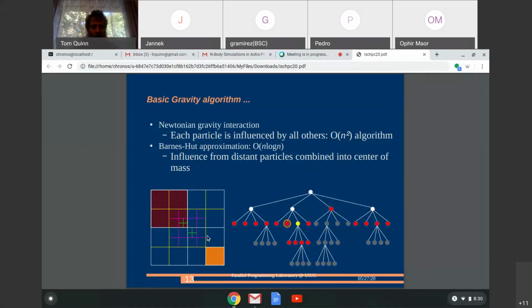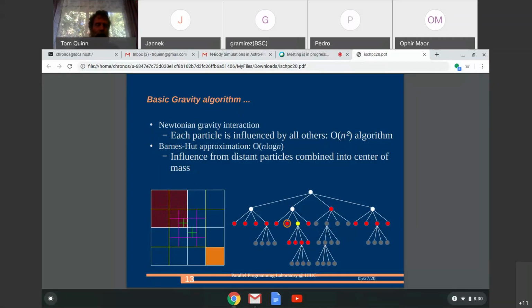Well, we could search through all the subvolumes over here, but there are circumstances, for example this red volume, where this red volume is far enough away from the yellow volume that we could approximate the forces of the particles inside the red volume by a simple expansion.